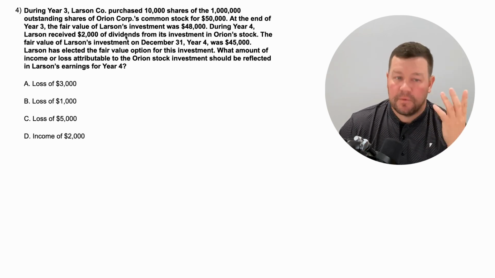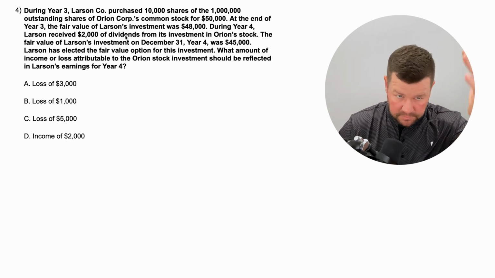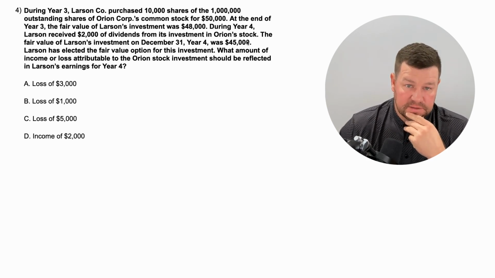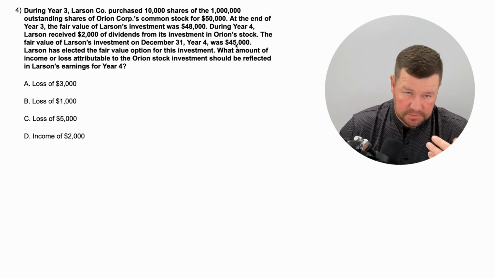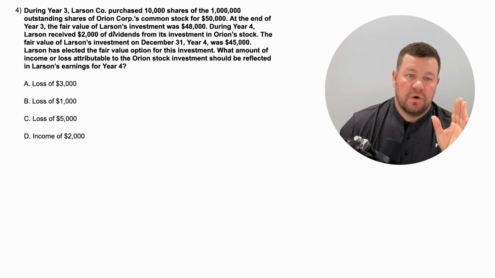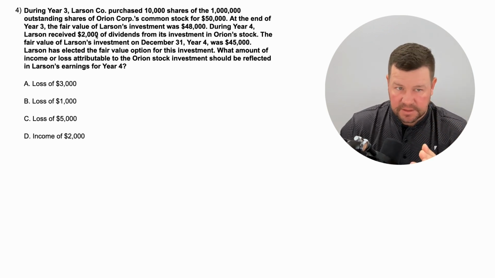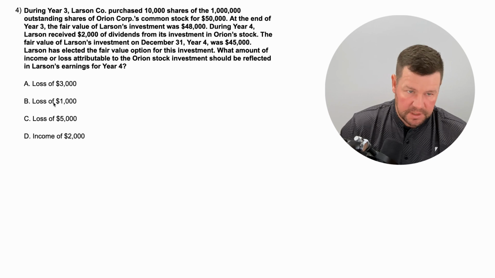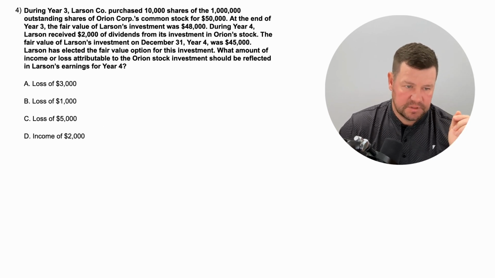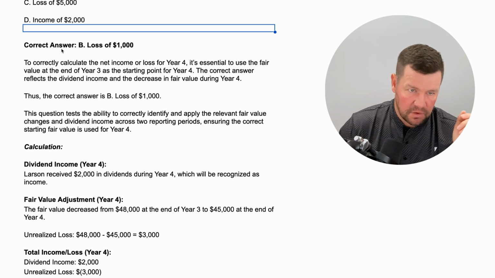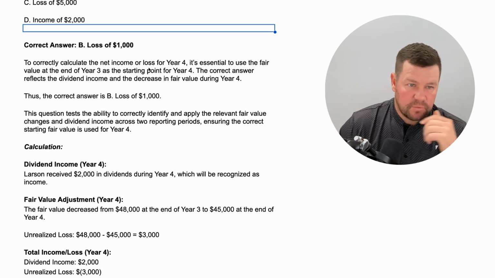So we know that would be income from the previous questions. But by the end of year 4, that investment that started at $48,000 has gone down to $45,000. So that's a loss of $3,000. So netting the dividends of $2,000 with the loss of $3,000, our answer should be B, a loss of $1,000. So let's reveal the answer here. So the answer is B, the loss of $1,000.